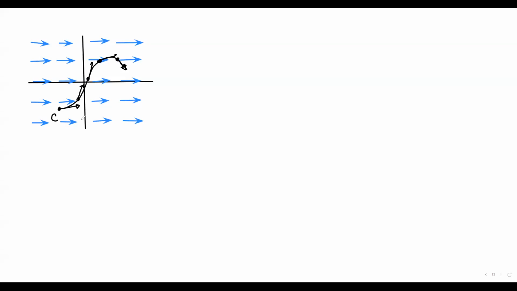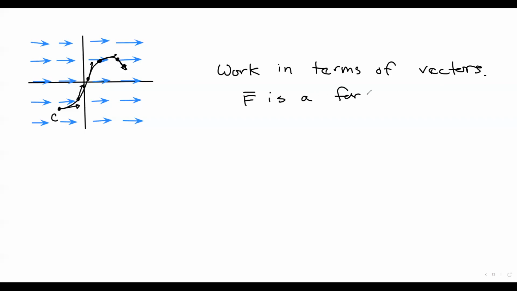So earlier in the semester, we defined work in terms of vectors. If F is a force, and D is a distance that an object is moving, then the work that is done by the force on the object moving the distance is given by work equals force dot product with distance.